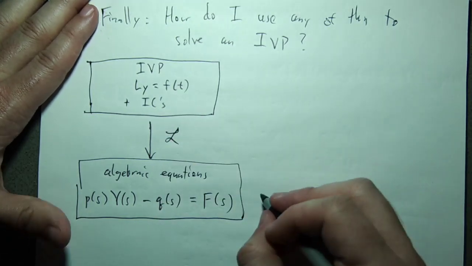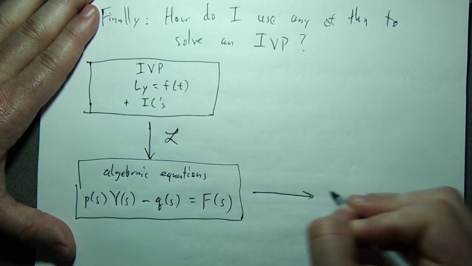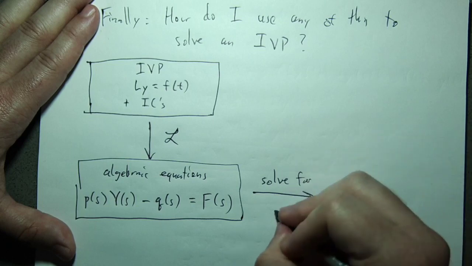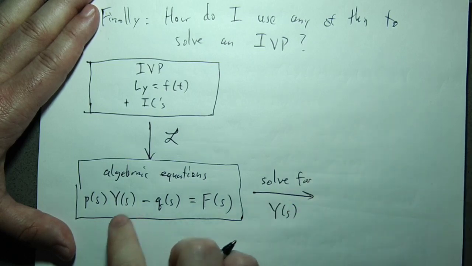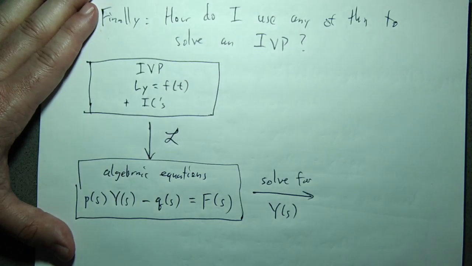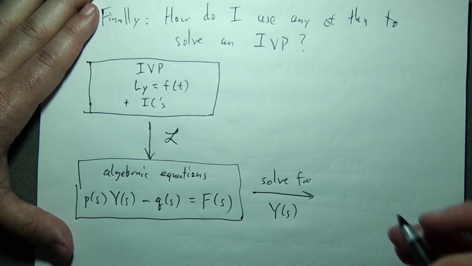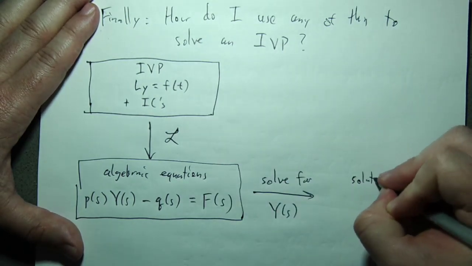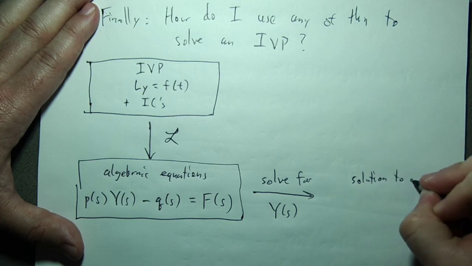Okay, so I solve for big Y. Remember, big Y of S is the Laplace transform of little y. That's my unknown function. That's what I'm solving the differential equation for. Okay, and so what I get is the solution to the algebraic equations.